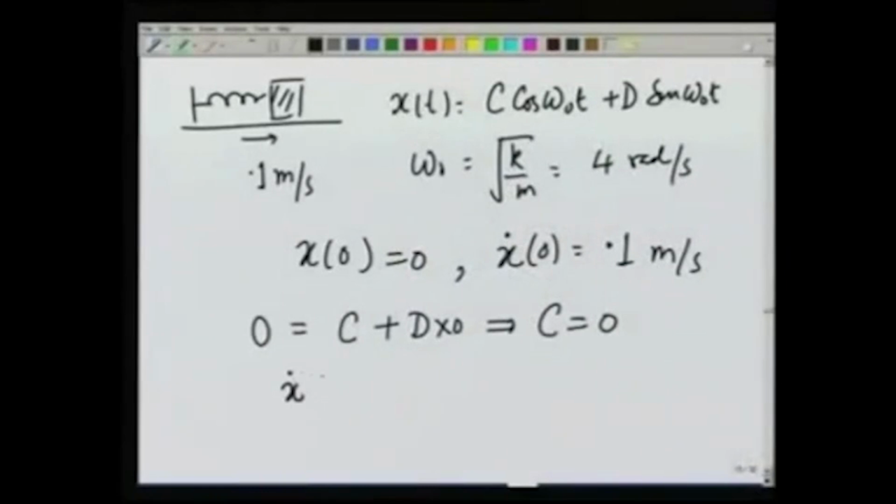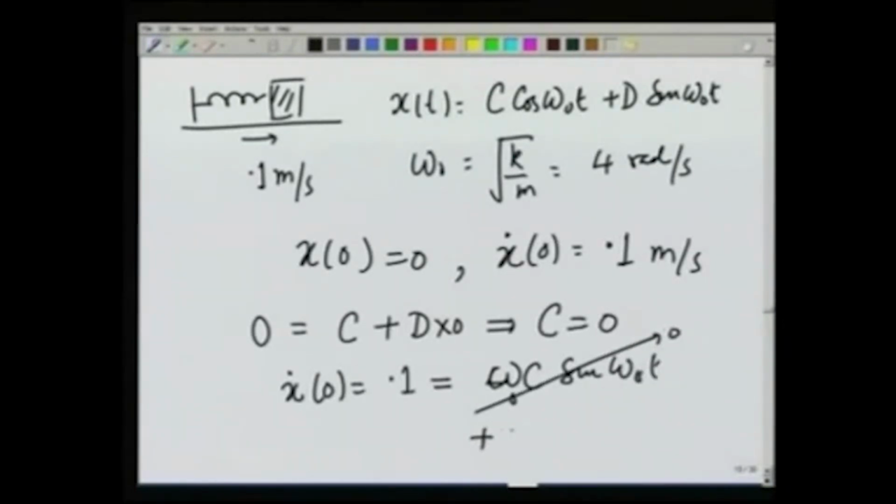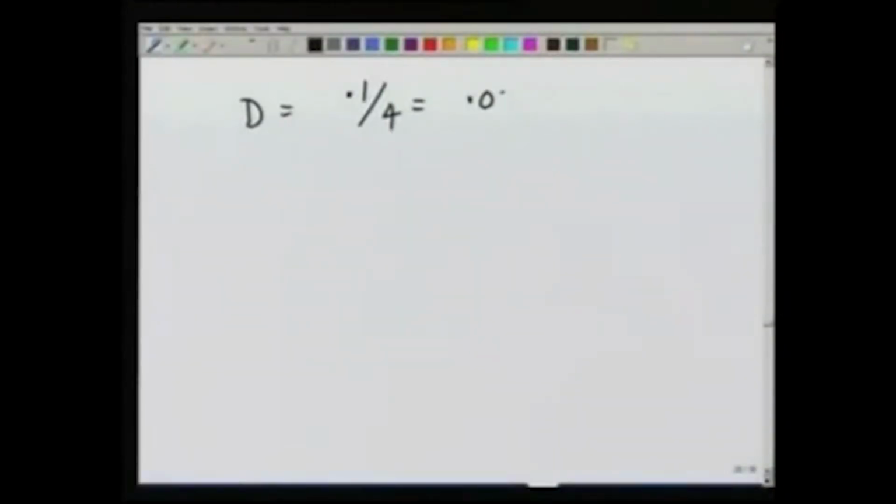On the other hand, x dot at 0 is given to be 0.1 meters per second, and this would come out to be minus omega 0 c sine omega 0 t, and this is already 0 because we have seen c is 0, plus omega 0 d cosine of omega 0 t, and this tells me that 0.1 is equal to omega 0, which we have determined to be 4, times d at t equal to 0, and therefore d is equal to 0.1 over 4, which is 0.025.